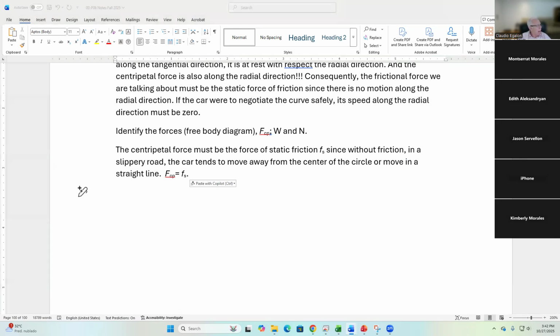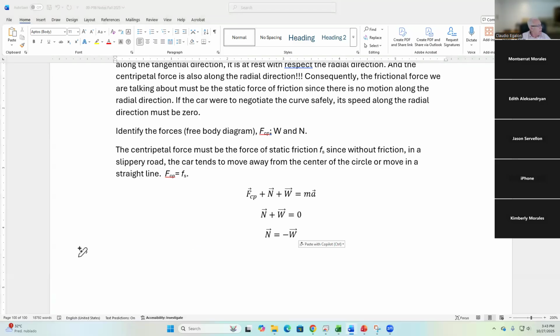Okay? Apply Newton's second law to the car. Net force is equal to ma. This equation is a vectorial equation that has two components, one along the y direction, the other along the x direction. Along the y direction, we have this relationship here, where normal is going to be minus the weight, right?